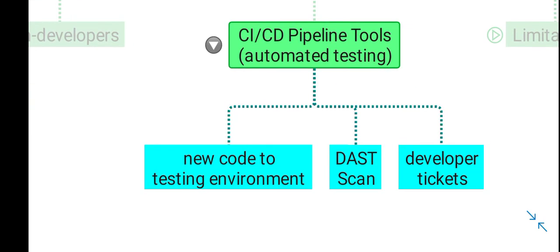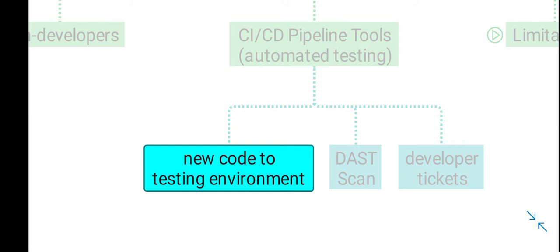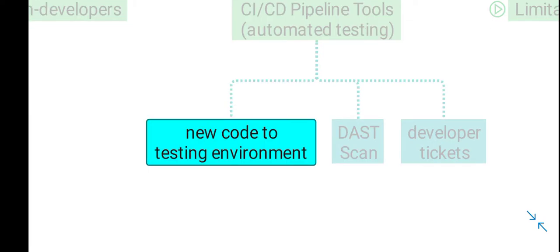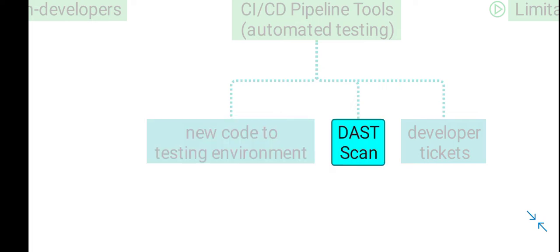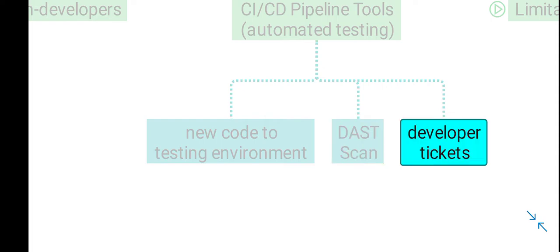So whenever these tools are used to push the code to the testing environment, the dynamic application security testing scan would run, and if it finds any flaws in the dynamic or runtime code, these flaws are communicated to the developer in the form of automated ticketing systems, and then the developer would fix those flaws.